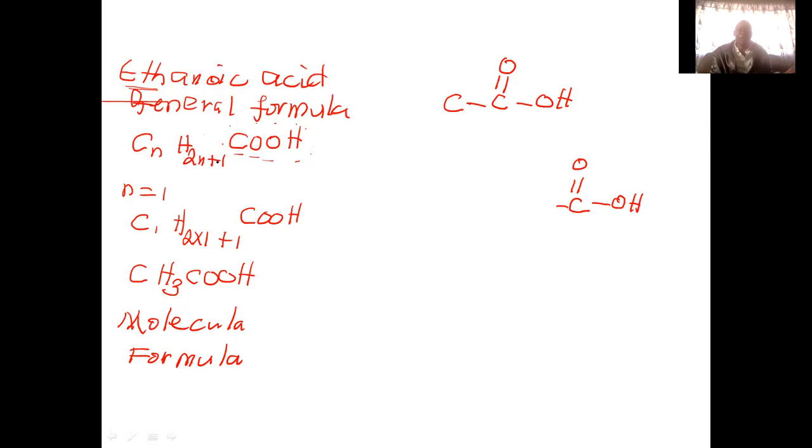To complete the structure, we are remaining with 3 atoms of hydrogen, which we can put there. And so this is the structural formula for ethanoic acid.